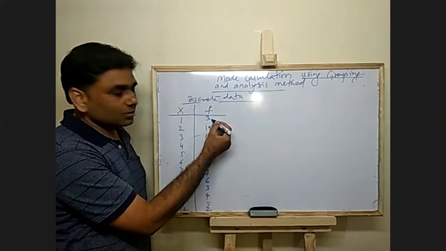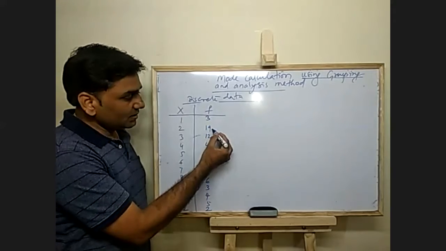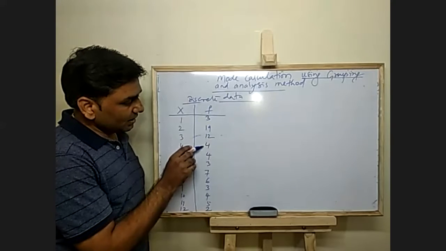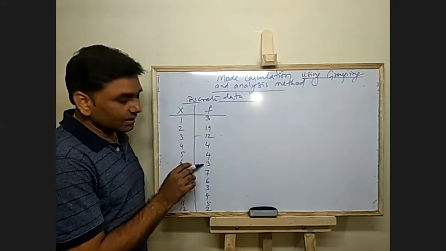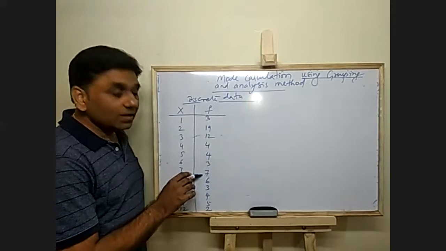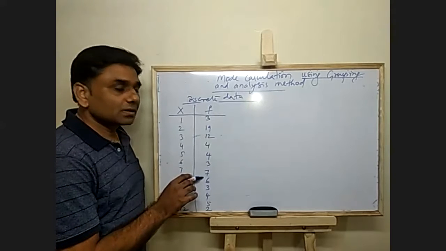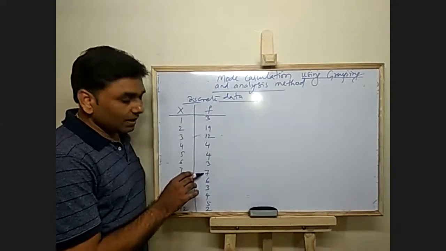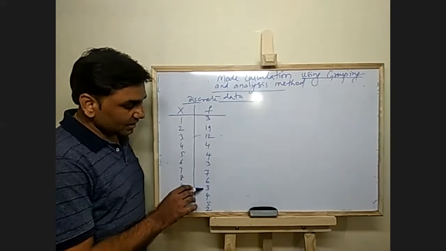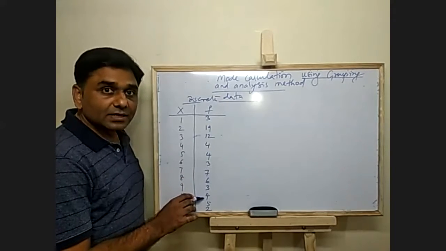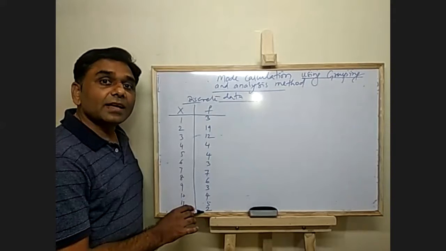Data increased, then decreased, decreased, decreased, decreased. And what happened again? Increased. Then decreased, decreased, again increased, and then decreased.